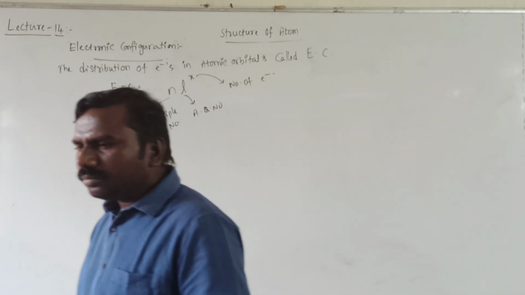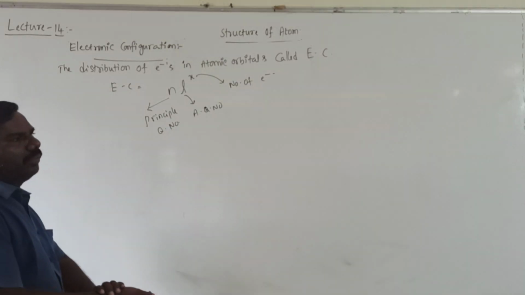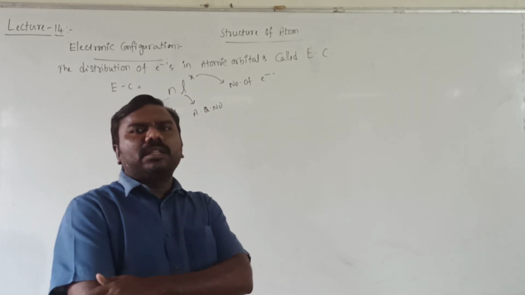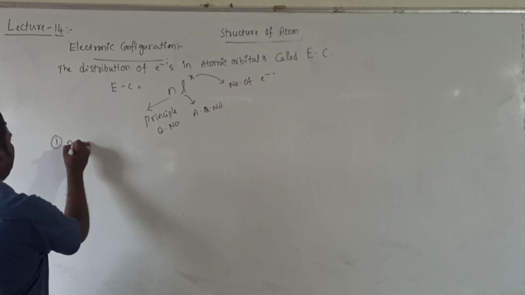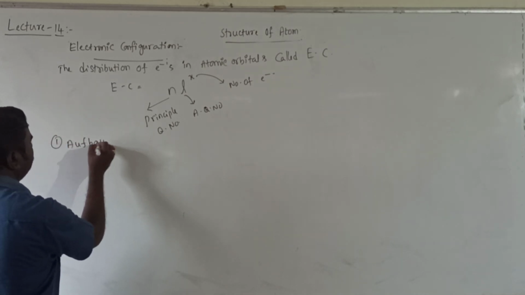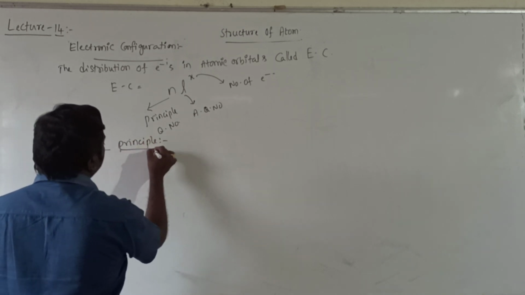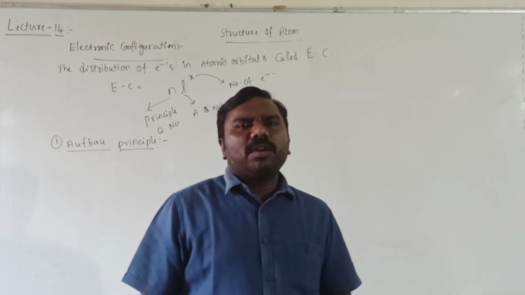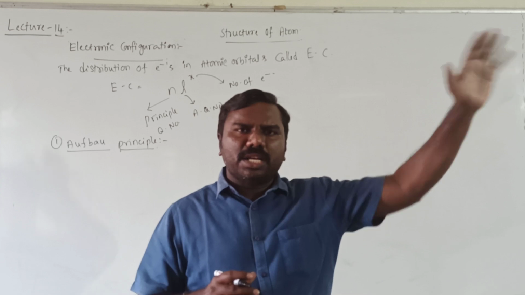Now, Aufbau principle first. We need to follow it to fill the electrons in the atomic orbitals. First rule is the Aufbau principle. According to this principle, atomic orbitals with lower energy are filled first, followed by higher energy.